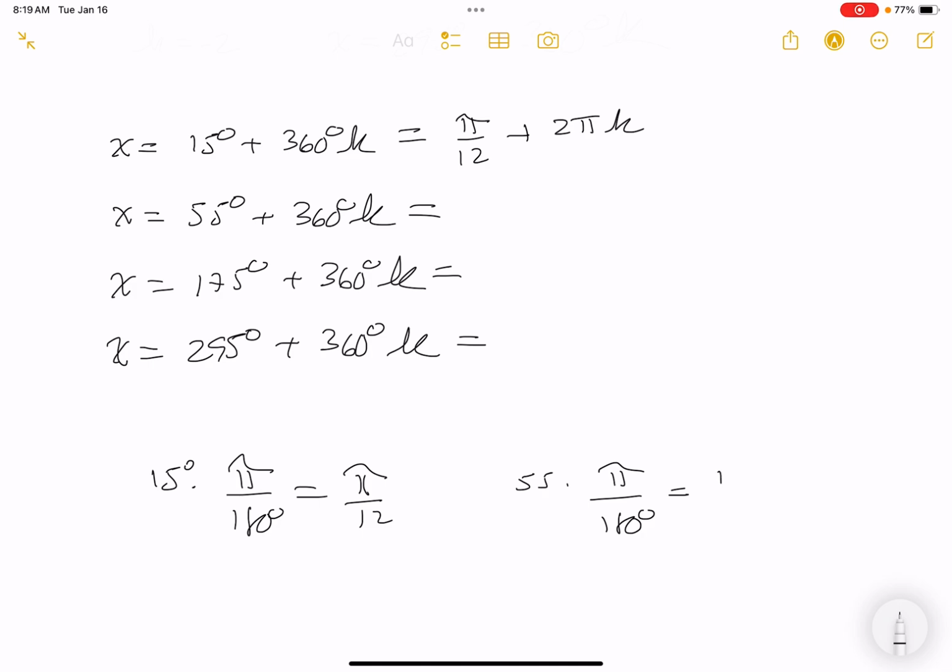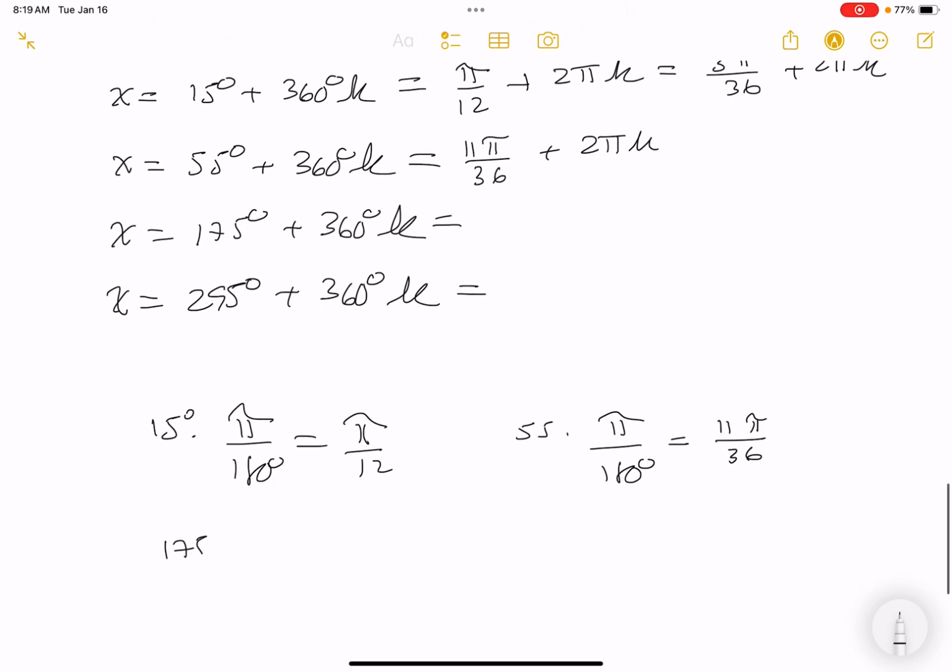Let's see, 5 goes into 55 11 times, and 5 goes into 180 36 times. So this is going to be 11 pi over 36 plus 2 pi k. You know, I'm going to write this in terms of 36s, by the way. So it's 3 pi over 36 plus 2 pi k.